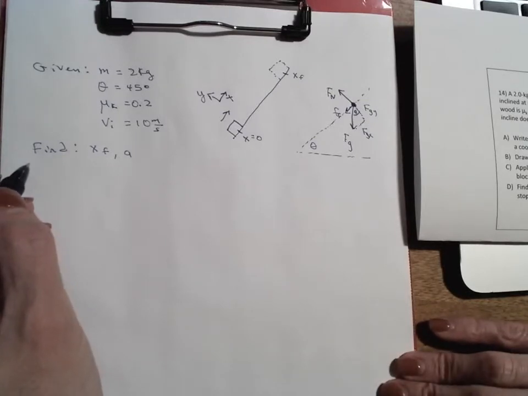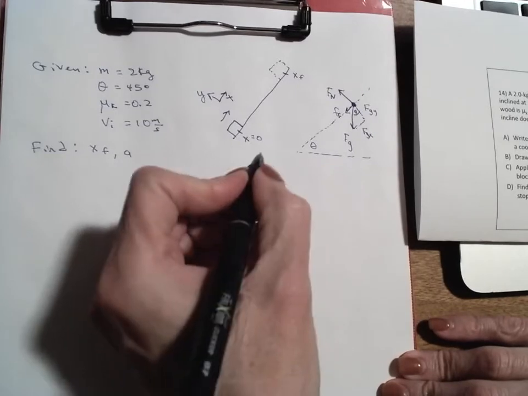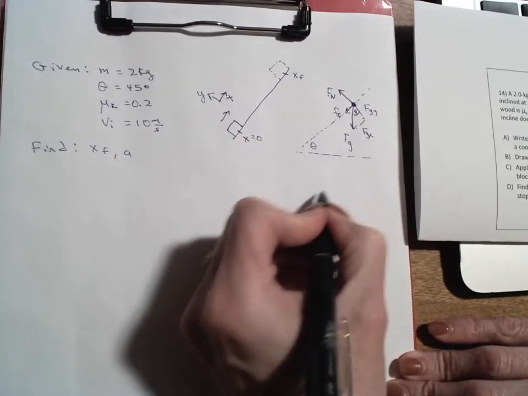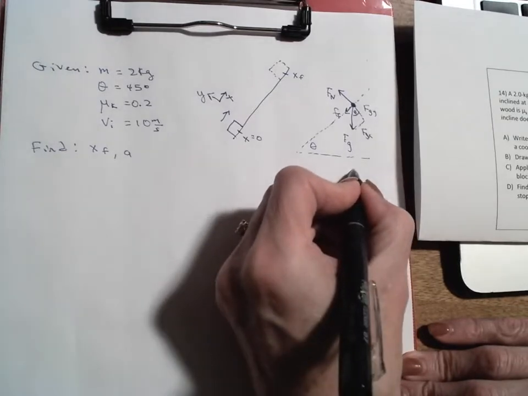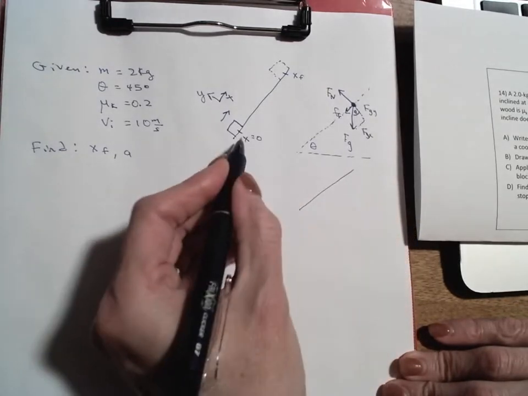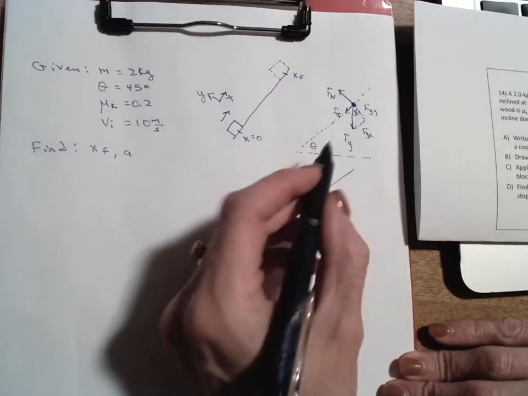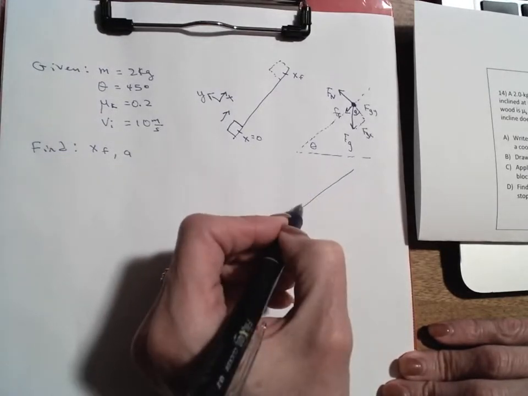And my motion diagram, I'm just going to add it over here. If I'm heading up an incline, I'm starting out with a given speed, and I know that the block is going to be slowing down because of friction and because it's heading up a hill.